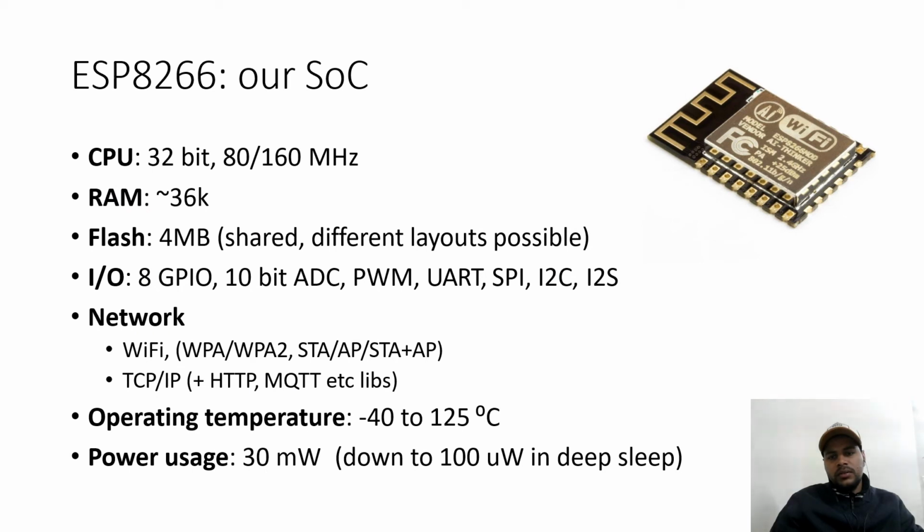Now we will take an SoC. This is the chip, the programmable system through which we can implement our devices. ESP8266. It has a 32-bit CPU with a frequency of 80 to 160 megahertz.